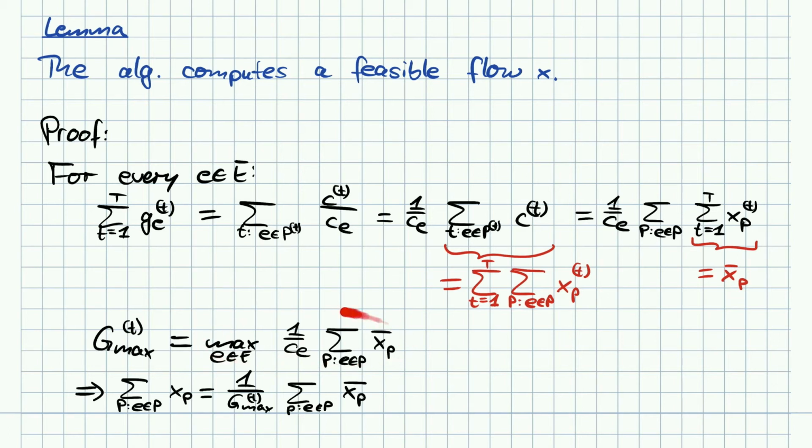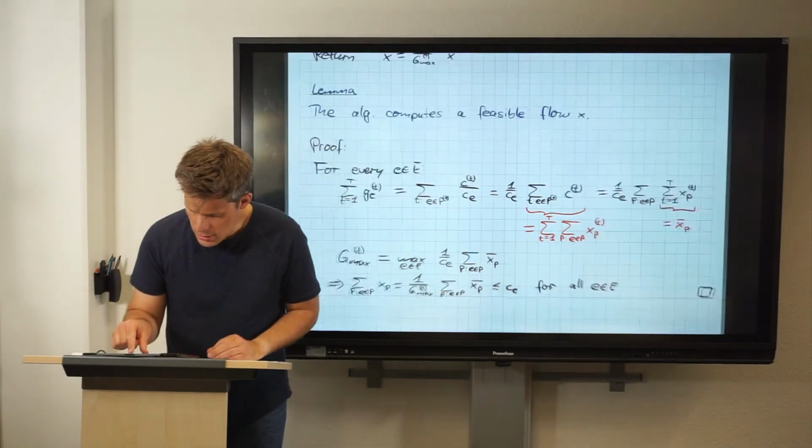And given this, we see that this will be at most c_e, and this holds for every edge E, which means nothing but that the flow we're computing actually fulfills the capacity constraint. Good.